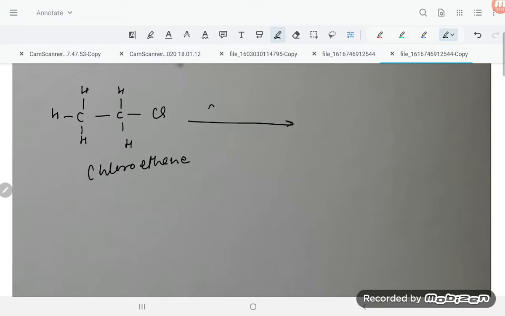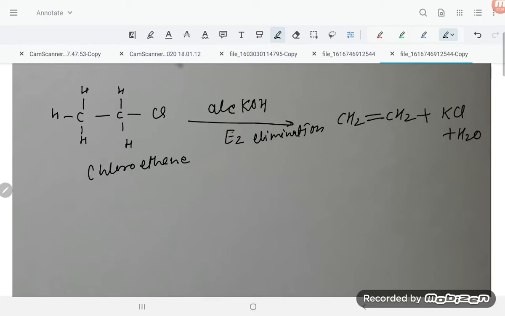What will happen if you treat it with alcoholic KOH? It is going to undergo E2 elimination, and as a result it will form CH2=CH2, then it will give KCl, and a water molecule will be released.